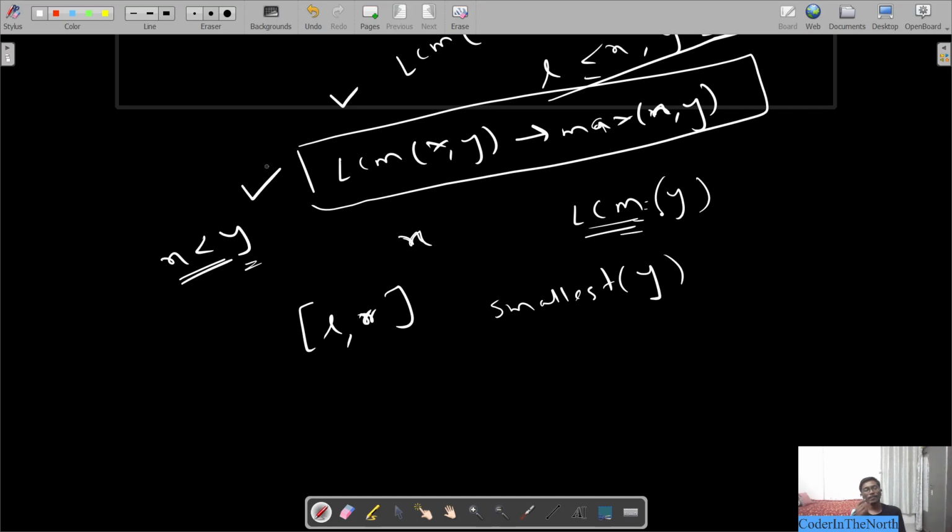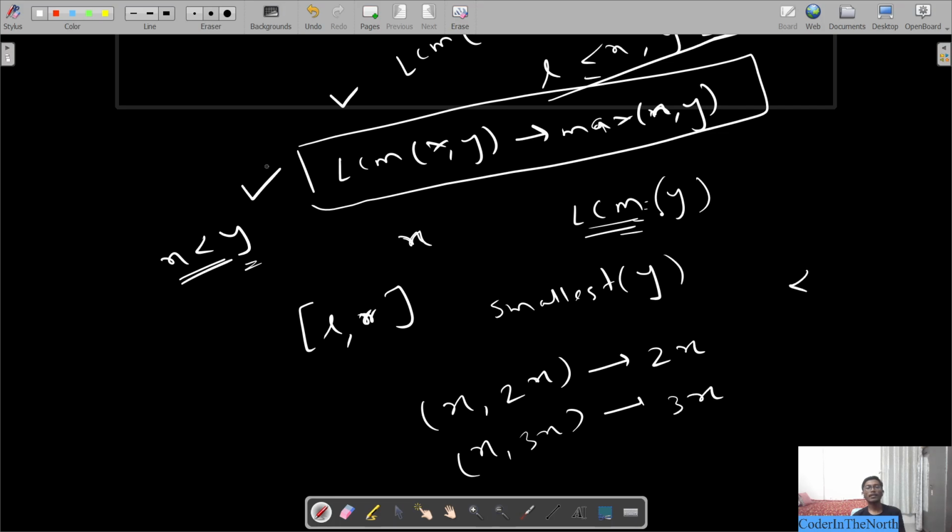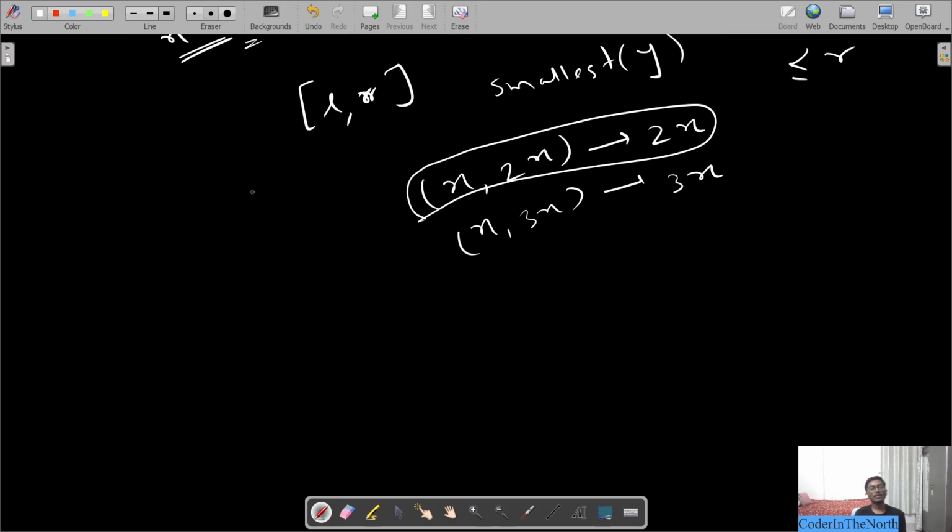Can you think like this: if I have x and 2x, what will the LCM be? 2x. If I have x and 3x, it will be 3x. But what we really want is a number which is less than or equal to R. So we have to check just this case, that x and 2x both must lie between this range.